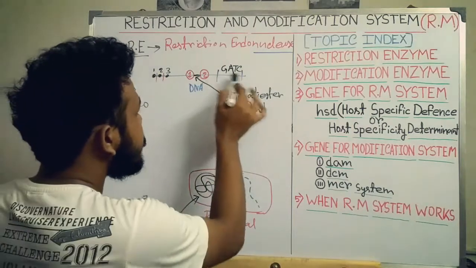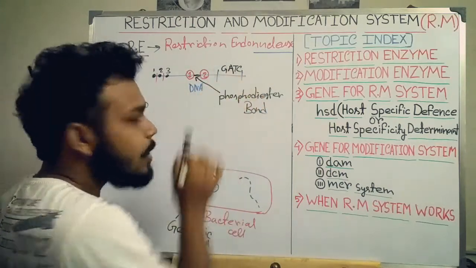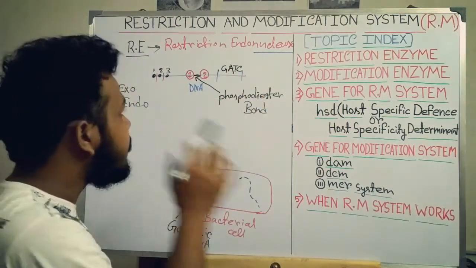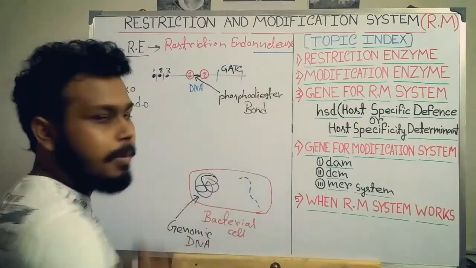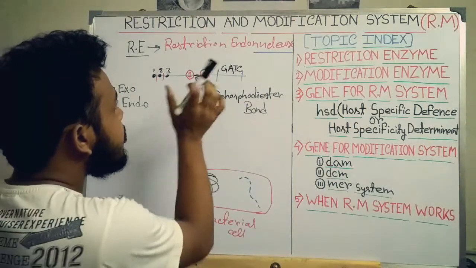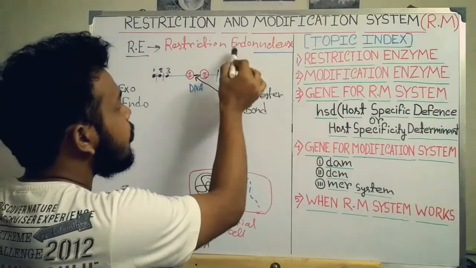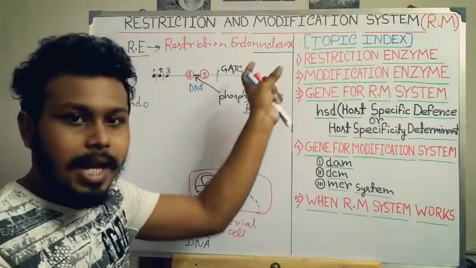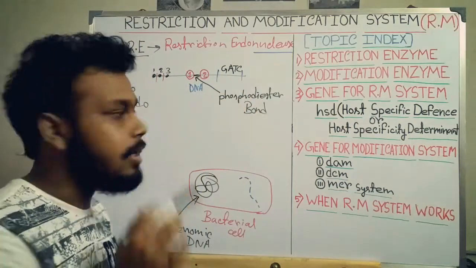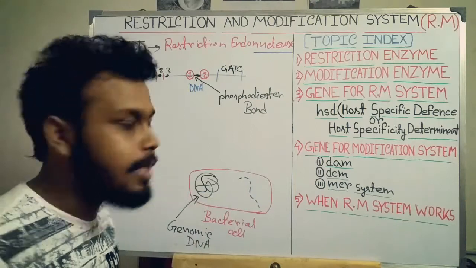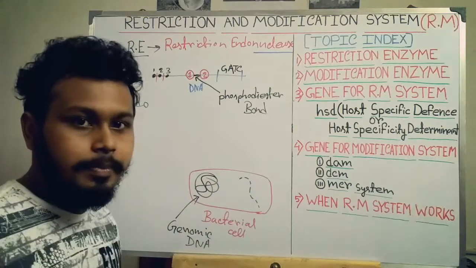A restriction enzyme particularly recognizes this sequence in this DNA strand, and then cuts at a particular position of these bases. So this is the function of the restriction enzyme. That is, it acts as an endonuclease enzyme, but it recognizes a particular sequence to cut the DNA strand at the phosphodiester bond in between two nucleotides. In this way the restriction enzyme functions.